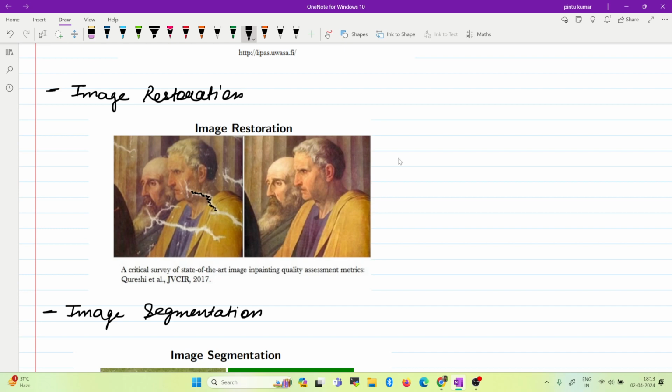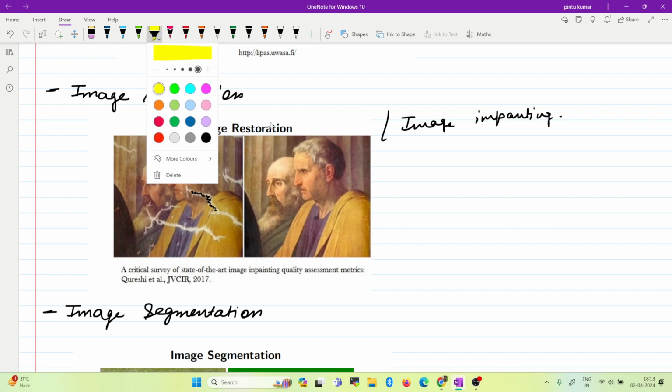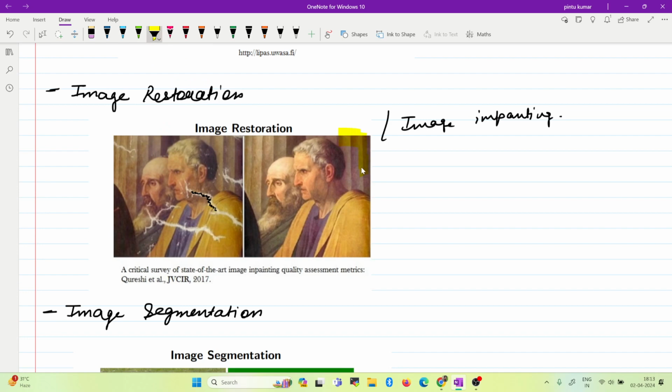This task is known as image restoration, or it is also known as image inpainting. Image inpainting is slightly more than image restoration. So in image inpainting, you can also do things like, let's say this portion of the image was not available and you want to fill in this portion of the image, then that would also fall under the task of image inpainting.